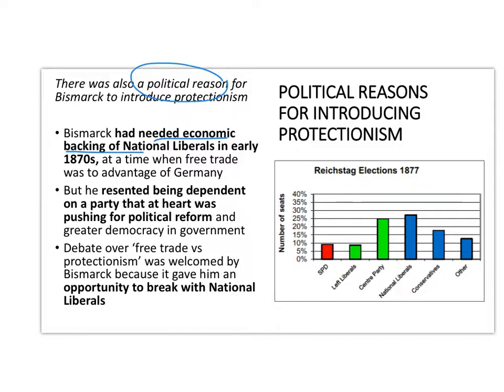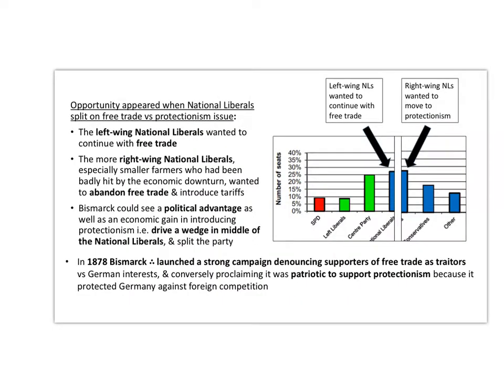So when suddenly this debate appeared and the pressure was suddenly to move away from free trade, Bismarck was actually quite relieved because it gave him an opportunity to break with a political party that at heart he didn't really feel comfortable working with ideologically. So the opportunity appeared when there was this division on free trade versus protectionism.